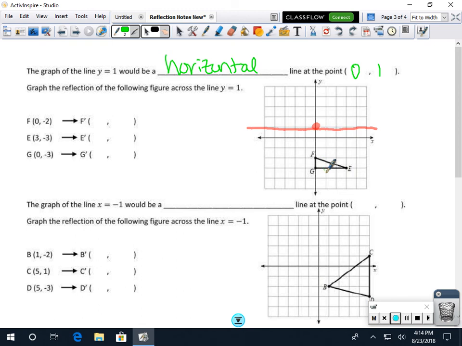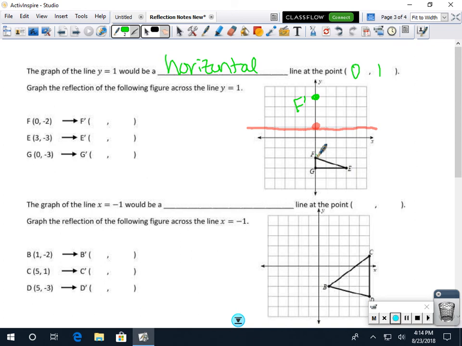And to reflect across the line, I count the distance for each point to the line that I'm reflecting across, and I go to the other side and count that many spaces across. So for example, F here is 1, 2, 3 spaces away from the line I'm reflecting across. So I'm going to go 1, 2, 3 spaces on the other side. And that will be F prime.